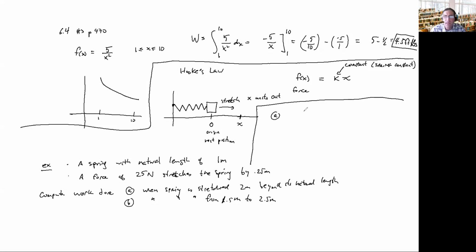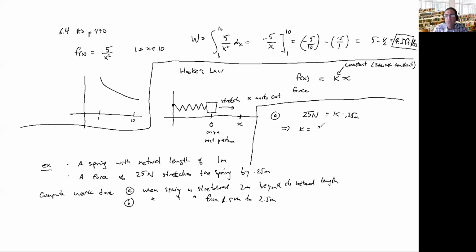So that tells me that 25 newtons are given by the spring constant times 0.25 meters. Okay, so I goofed on that, got to erase. So 0.25 meters.